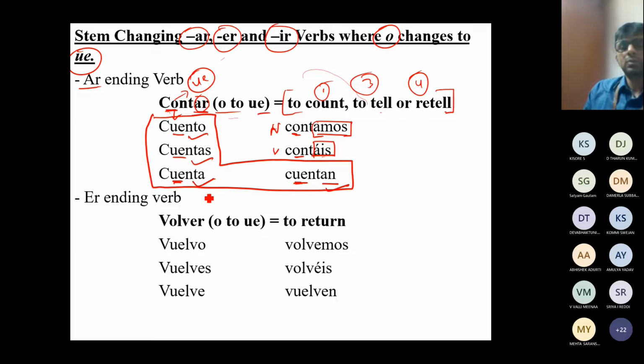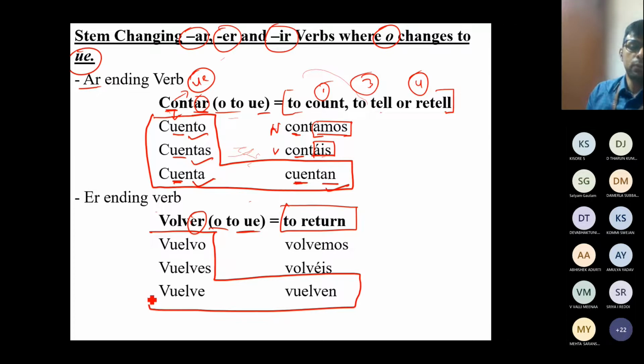The second verb is not very different. It is almost the same. The thing is, only the end is changing. I mean, it is now an ER ending verb. Okay. The verb is volver. So O will change to UE, to return. So here also the boot rule will be followed. So under this boot rule, these four verb forms will change in the stem part. But the end part will change for all the six forms. Okay.